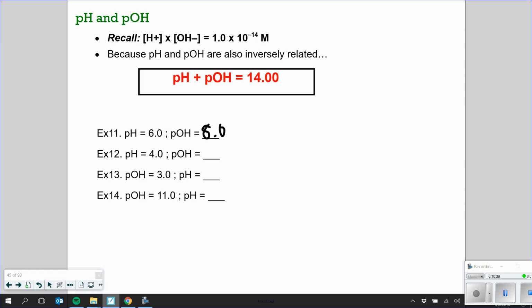If I have a pH of 4.0, my pOH is going to be 10.0 by subtracting. 3.0 for my pOH gets me 11.0 for my pH. And 11.0 for my pOH gets me a pH of 3.0. And I did all of this by subtracting each of those from 14.